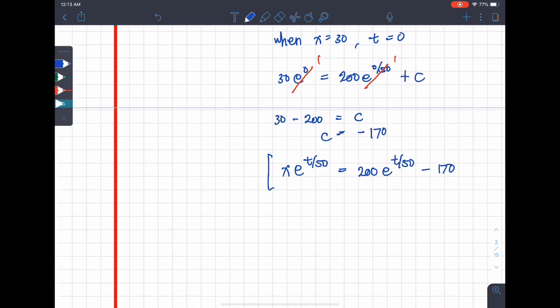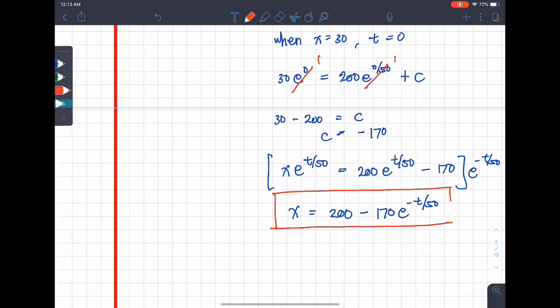Or multiplying everything by e raised to negative t all over 50, giving us x equal to 200 minus 170 e raised to negative t all over 50. And thus, the amount of the salt that is present at any instant of time would be x equals 200 minus 170 e raised to negative t all over 50.